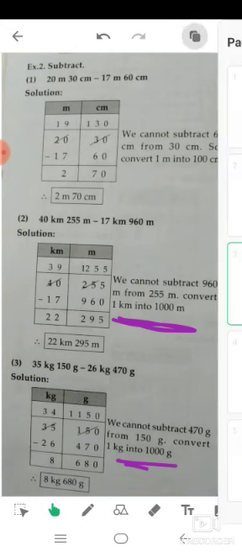Okay. Now see our last one. This is liter and this is our ml. The question is 46 liter 200 ml subtracted by 38 liter 750 ml. It's the same case. 750 can't be subtracted from 200 ml.